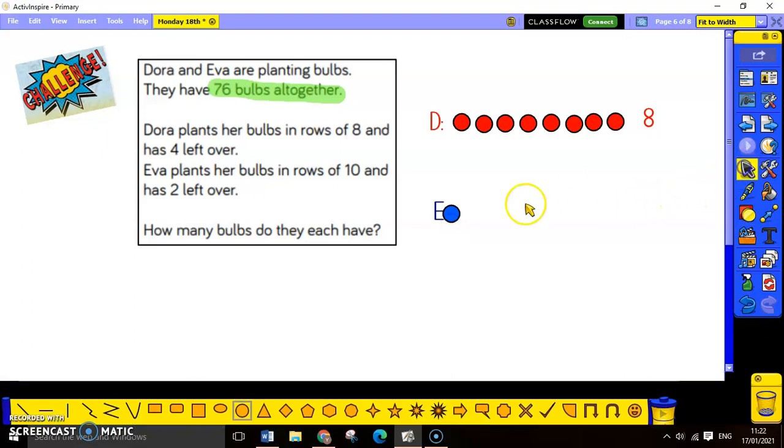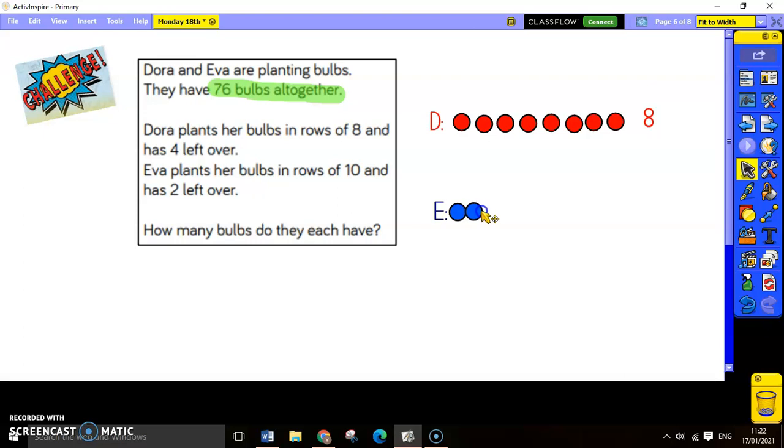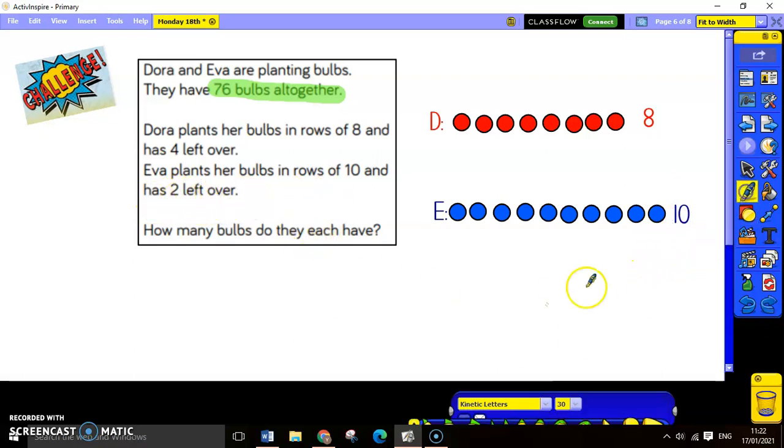So there's her first one, 2. I find it always helps to draw a picture. 3, 4, 5, 6, 7, 8, 9, 10. Okay, so Eva has got rows of 10, but she's then got 2 left over.